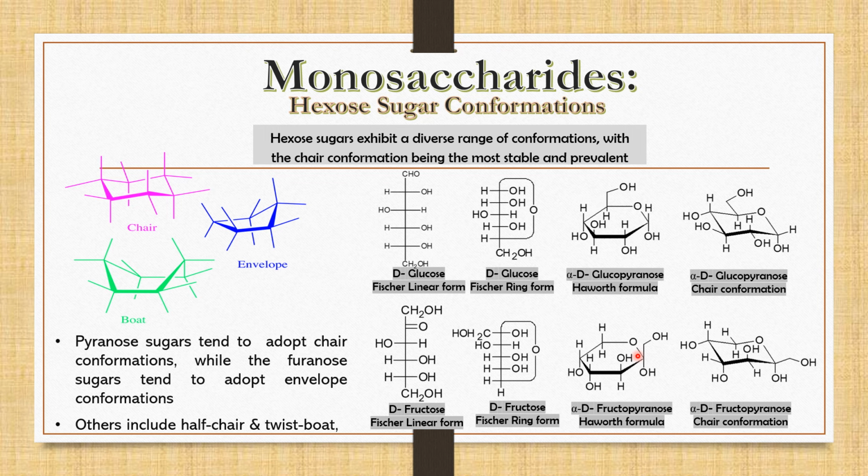Sugar conformations are crucial for understanding their reactivity and interaction within biological systems. Sugar conformations can be described using various representations, such as Fischer projection and Haworth projection. The most common conformations for pyranose sugars are the chair conformations.